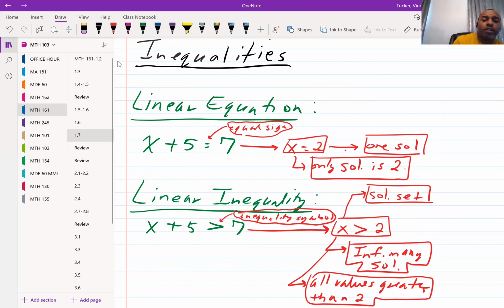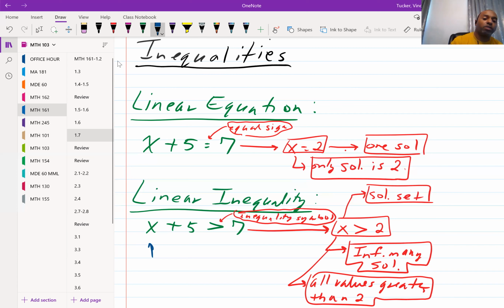Now, when you're looking at a linear inequality, you want to know when is x plus 5 greater than 7? In other words, when is the left side of your inequality greater than 7? And your answer will be when x is greater than 2. So that will be infinitely many solutions. Anything greater than 2 will make that a true statement. So if it's 2.1, 3, 5, if 5 plus 5 is 10, 10 is greater than 7, 100 plus 5, 105 is greater than 7.